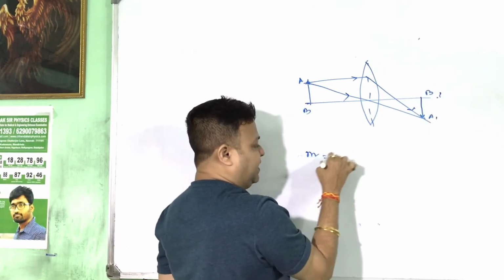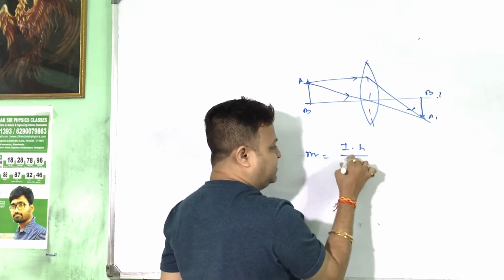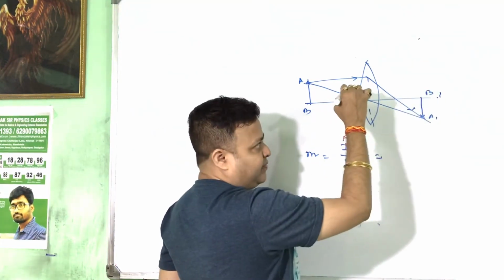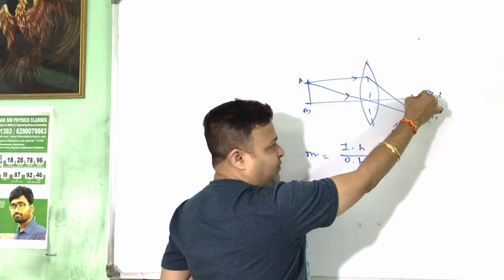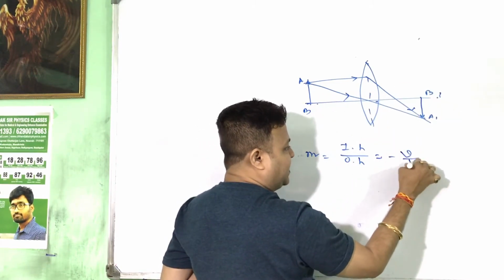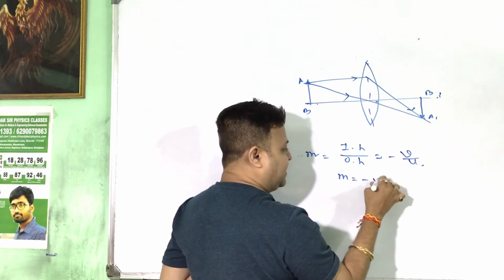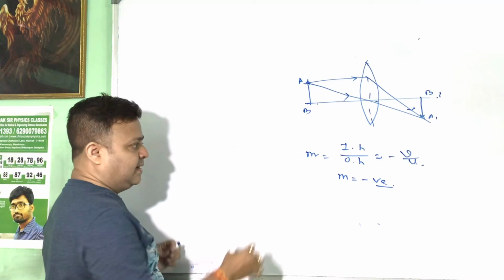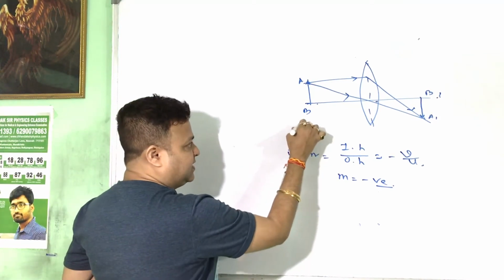Linear magnification equals image height by object height equals v by u. Here v is situated on the positive x-axis and u on the negative x-axis, that is minus v by u. That is, magnification is negative when the real image is formed. This is the formation of real image.